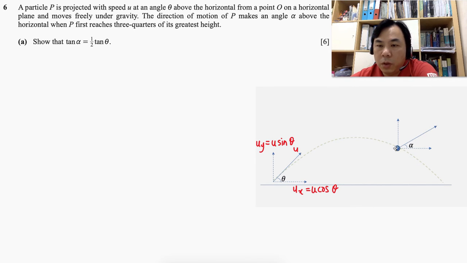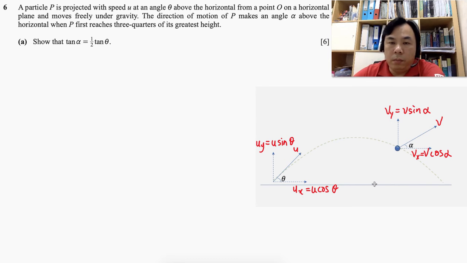Now the same goes for this. When you reach 3/4 of its greatest height, if the speed is v, therefore this one will be v cosine alpha. Okay, this is the x component, and then its y component will be the same as v sine alpha here. Now we know that by ignoring air resistance, the horizontal component throughout the trajectory will not change.